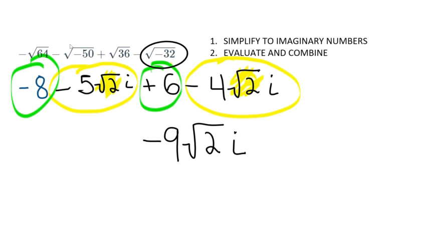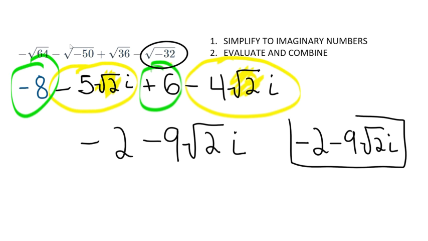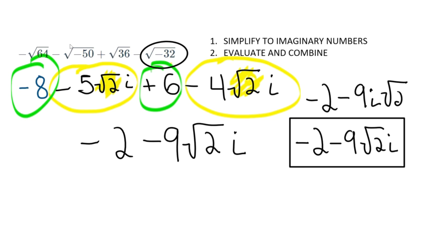So negative 8 plus 6 should give us negative 2. Final answer: negative 2 minus 9 square root 2i. Another way of writing that, even though it doesn't make a difference, is negative 2 minus 9i square root 2. And there we have it.